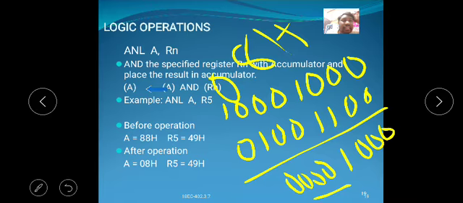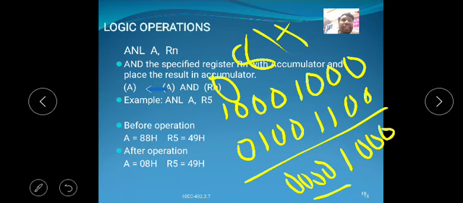In the AND operation, if either of the two bits is 0, the resultant will be 0. That means if any bit is low, the resultant will be low.